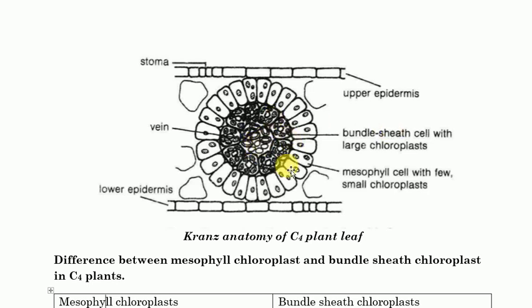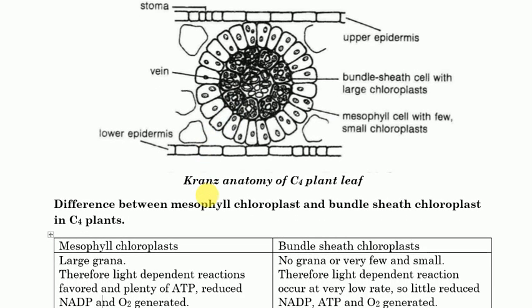The bundle sheath cells are these which are inside, and as you can see, these black materials are like starch granules, because it is where the Calvin cycle takes place. But here the outside ring is the mesophyll cells with a few small chloroplasts, but here they have large chloroplasts. And below, this is the diagram showing the Kranz anatomy.